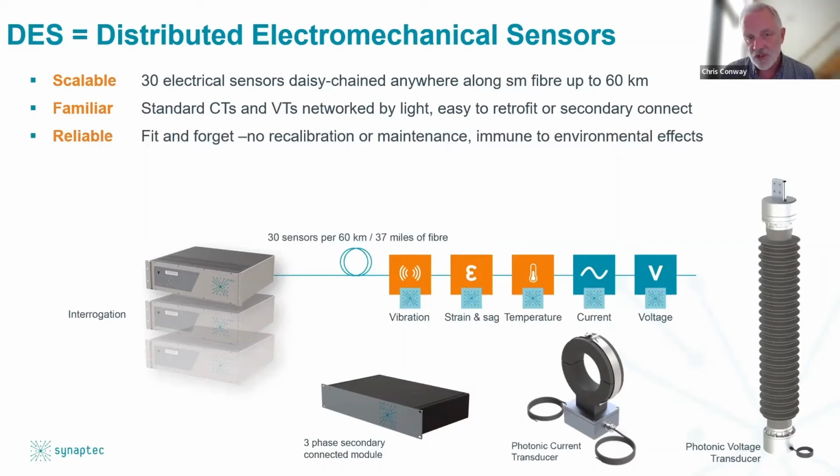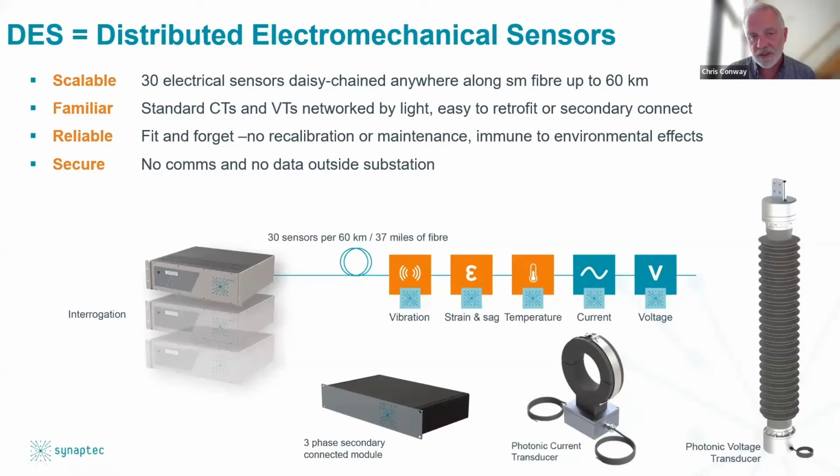It's reliable: there's no recalibration or maintenance required, and no measurement quality issues with strong electromagnetic fields. We've done accelerated aging tests on the sensors that have taken us back 140 years, so that's as passive as we can get.